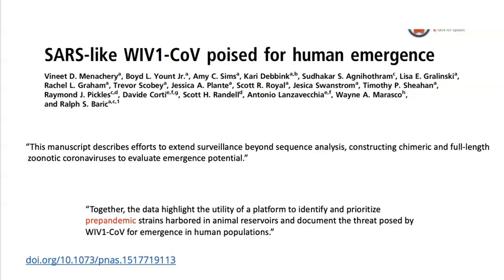So to reiterate, they are creating these virus strains and then studying their ability to infect human type cell culture and humanized animals in the laboratory to understand their potential for emergence in the population at large.